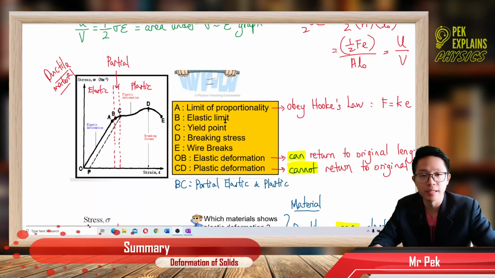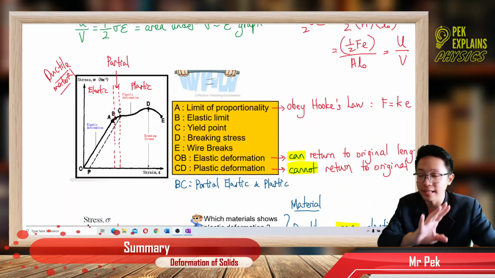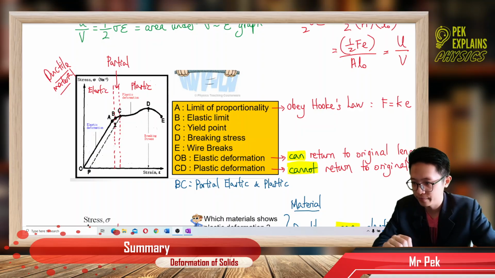We call it elastic limit. So before the elastic limit, or until the point of elastic limit, that's the limit for elastic deformation. What's meant by elastic limit? Elastic limit means the limit for elastic deformation.